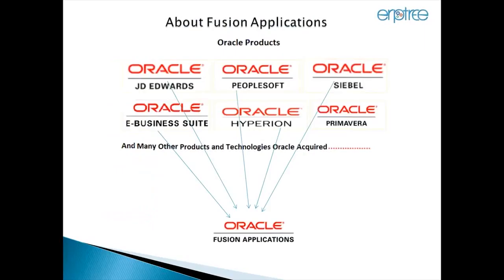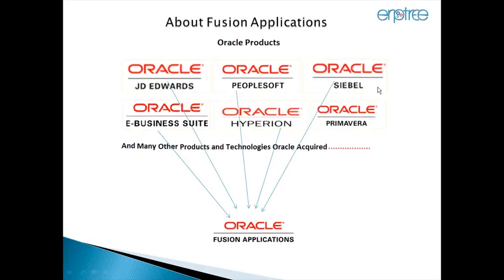If any client is going to use Oracle Fusion Applications, they are not going to use just one legacy product. They are going to get a product which is very solid in all aspects of their business processes. In the background they'll be using PeopleSoft for their HRMS solution, which you call HCM, Human Capital Management.